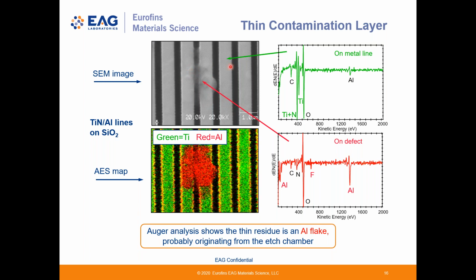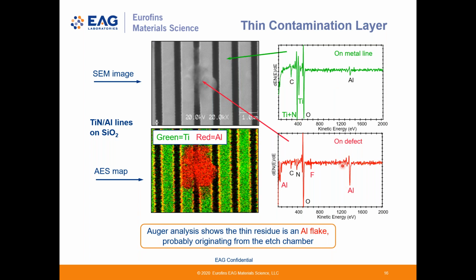We can compare the surface spectrum from this defect with a reference spectrum from a nearby line without the contaminant. So the green spectrum shows what we'd expect for a titanium nitride surface that has oxidized somewhat and has a small amount of carbon. And trace aluminum is also observed, possibly arising from beneath the titanium nitride or from the aluminum sidewall.